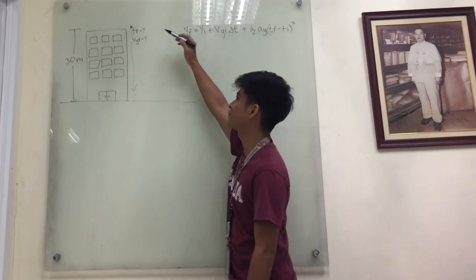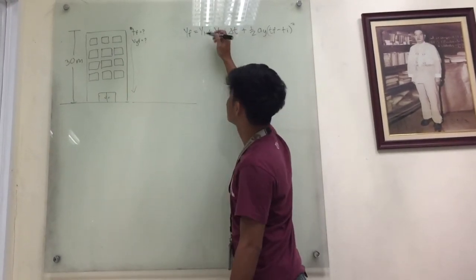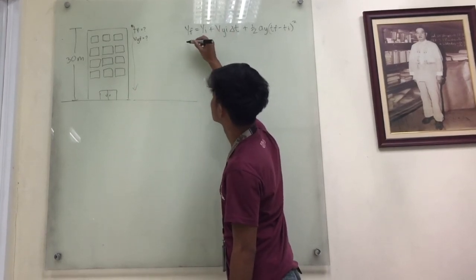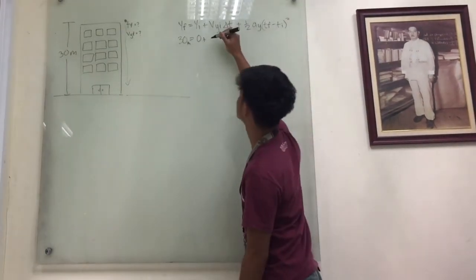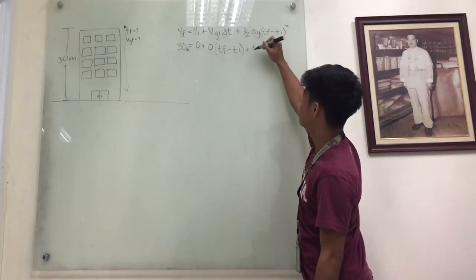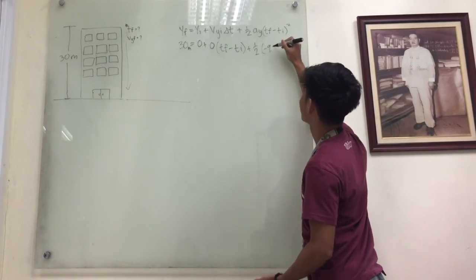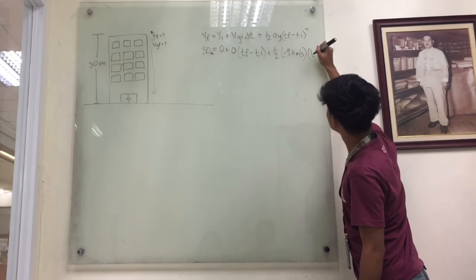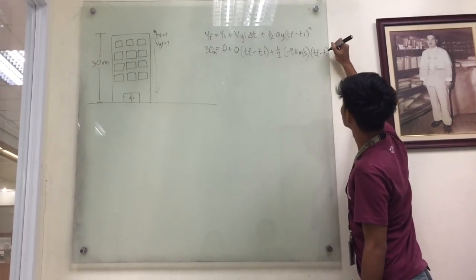We'll be using the top of the building as our reference point, which makes our initial height 0 and our final height 30 meters. Our initial velocity would also be 0, plus 1/2 acceleration, which is constant, negative 9.8 meters per second squared, multiplied by final time minus initial time squared.